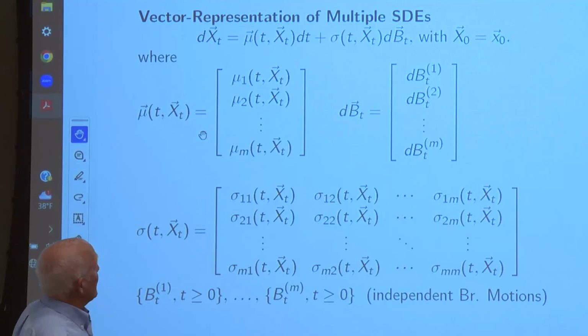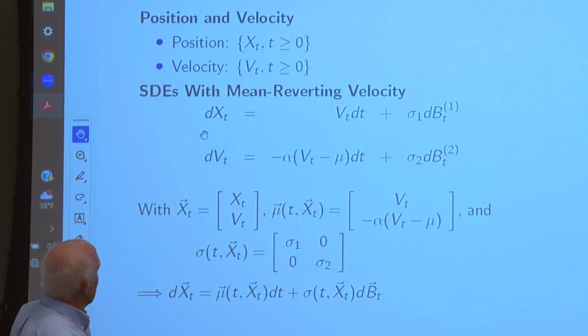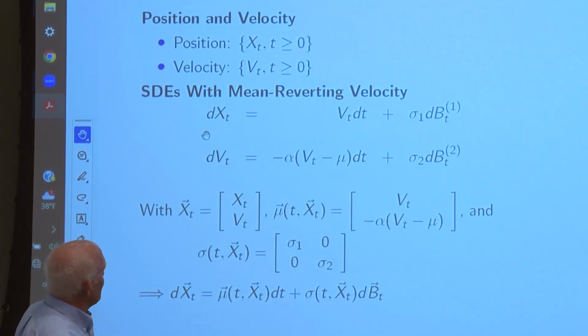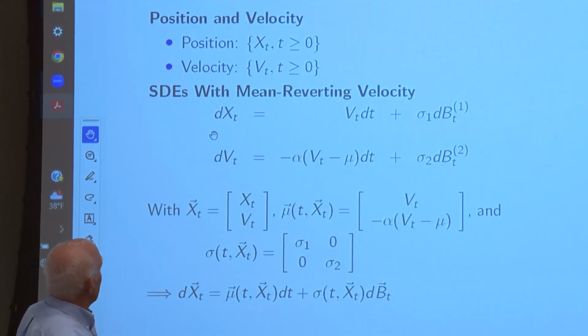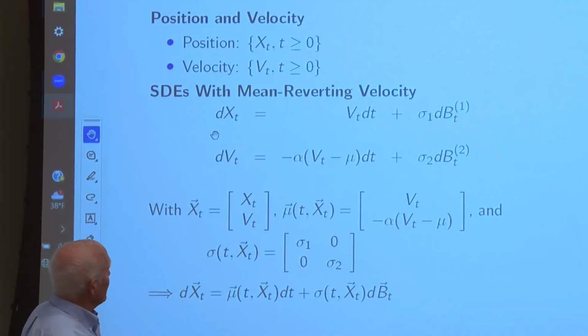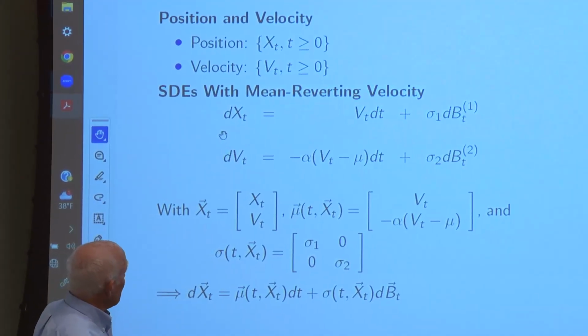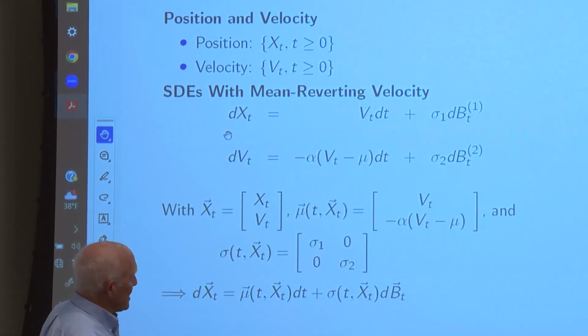So we can have multi-dimensional stochastic differential equations. And here's just an illustration of thinking about mean reverting velocity and position and how that would be set up.